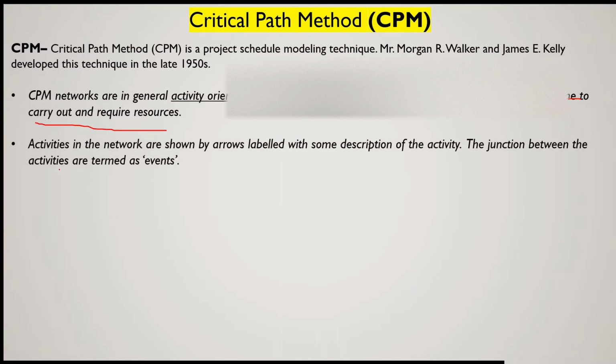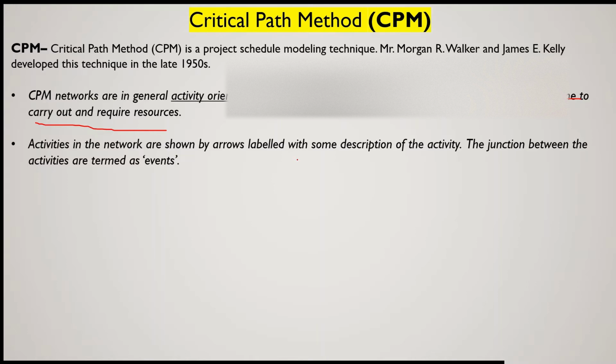Now activities in the network are shown by arrows which are labeled with some description of the activity, and the time duration of the activity is also mentioned on the arrow.